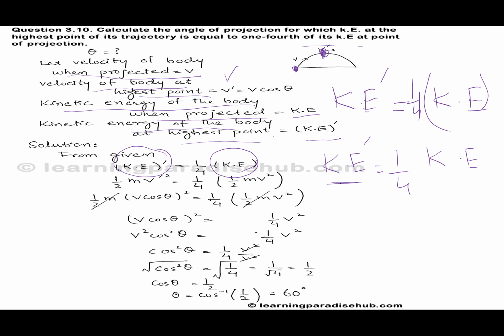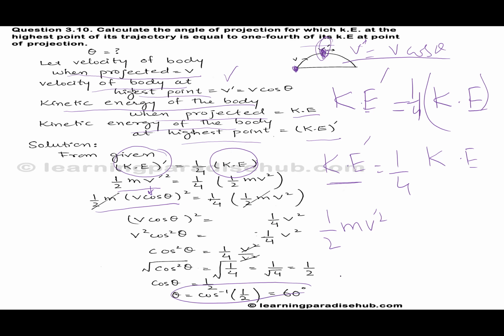This kinetic energy is equal to half mv prime square, because the velocity at the highest point is v prime, which is equal to v cos theta. So write half mv square by putting the value of v cos theta, and you will get the value. You will get theta is equal to 60 degree.